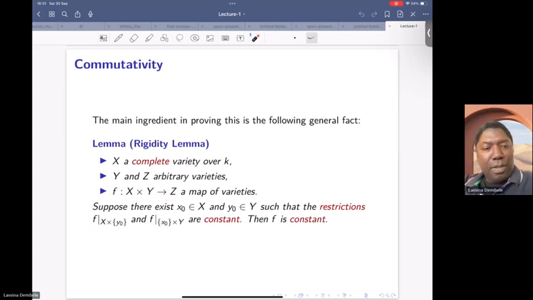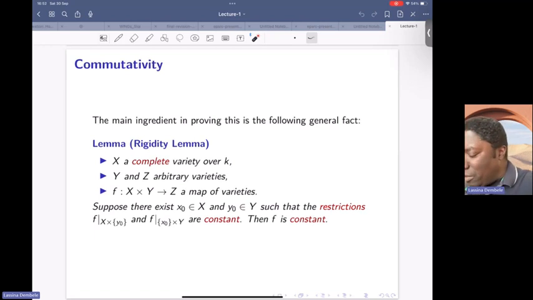And the theorem says the following. Suppose that you give yourself a point x0 in X and a point y0 in Y, such that when you take the restriction of F to X cross y0, you get the constant map.